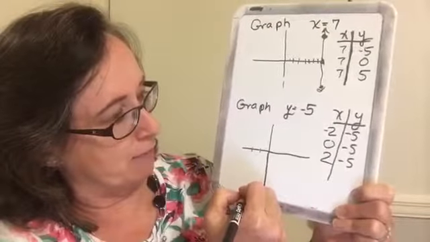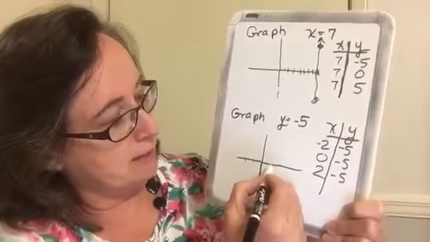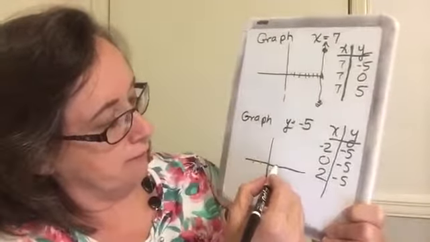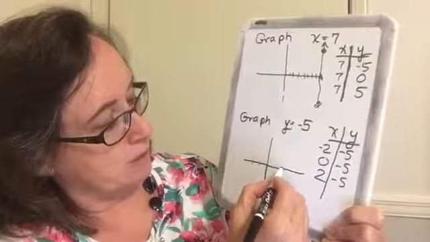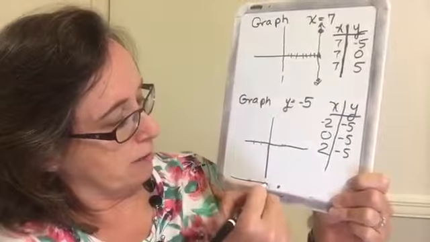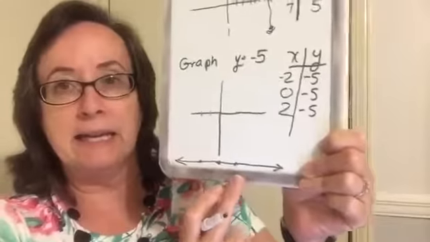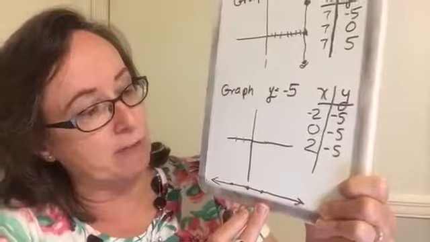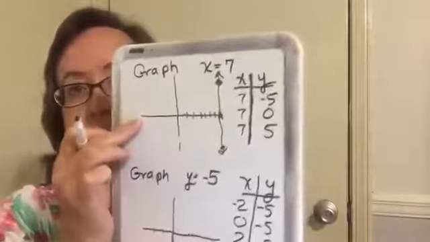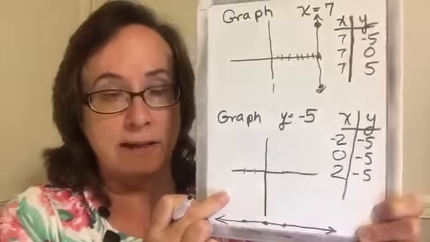We'll make that negative 5 right there. 0, negative 5, and 2, negative 5. So we'll say that's 2 right there, negative 5, and draw your nice little line across. And this line is Y is -5. So you can see that X lines are vertical and Y lines are horizontal.